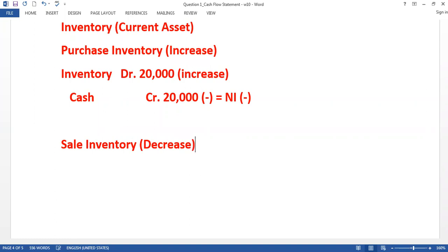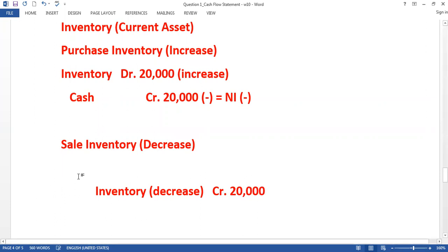Now, what is the journal? Your inventory decrease means credit, for example $20,000. Inventory decreases because you sell it. So what is the debit here? Cash debit.